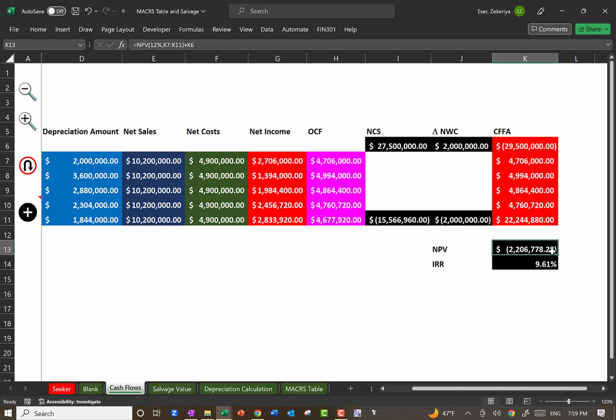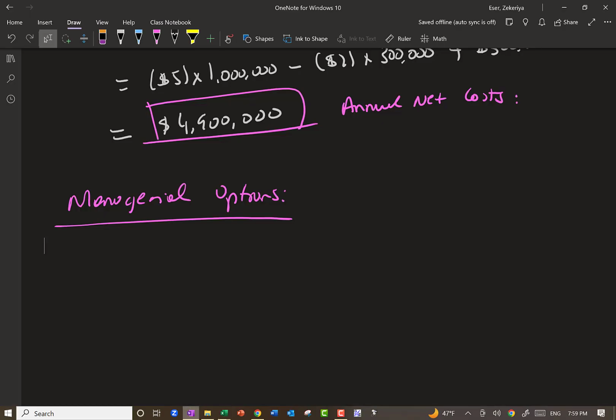You will also salvage your equipment earlier, so you will get more money in, you'll get that money earlier, and you'll get the value of the land earlier as well. So you have what we call option to abandon.